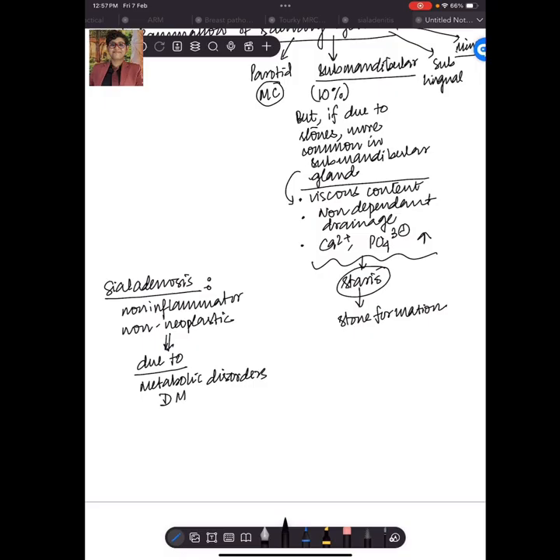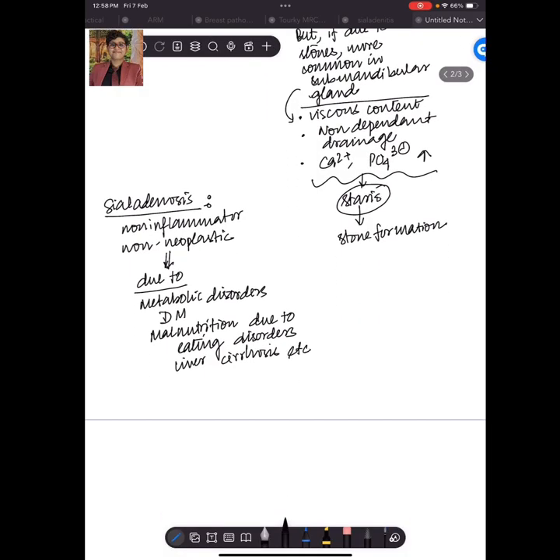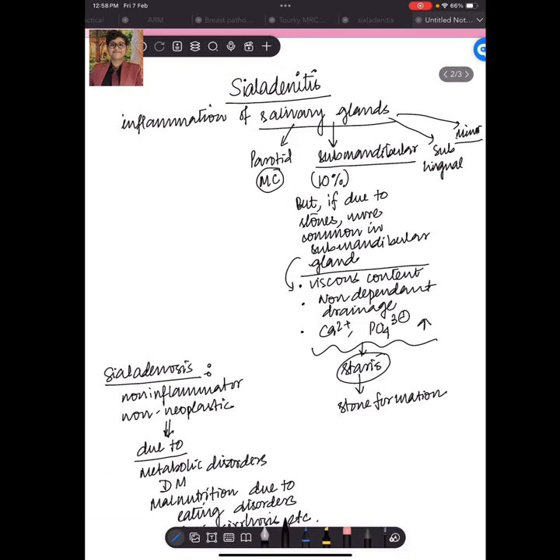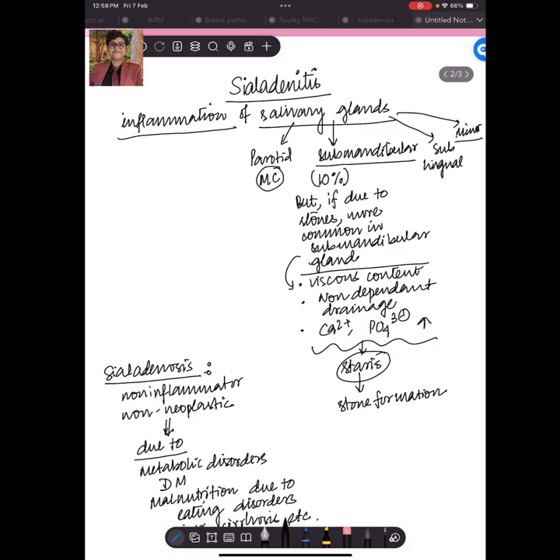It can also be due to diabetes mellitus, malabsorption or malnutrition, eating disorders, and disorders like liver cirrhosis, etc. So we have to remember that sialadenitis is an inflammatory condition, whereas sialadenosis is a non-inflammatory condition. This is the difference between the two.